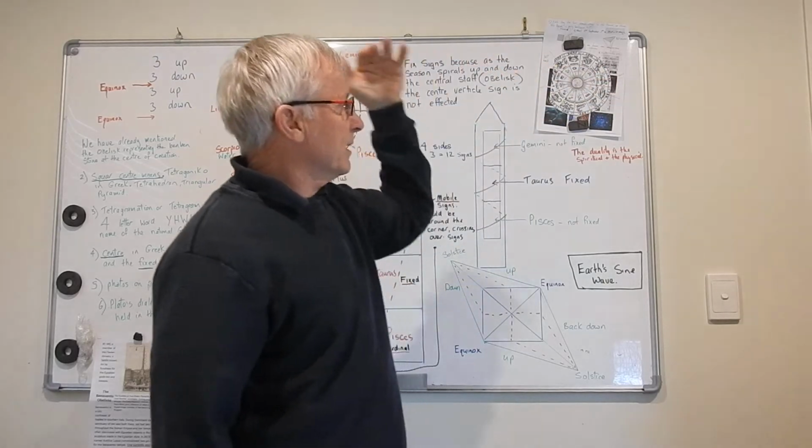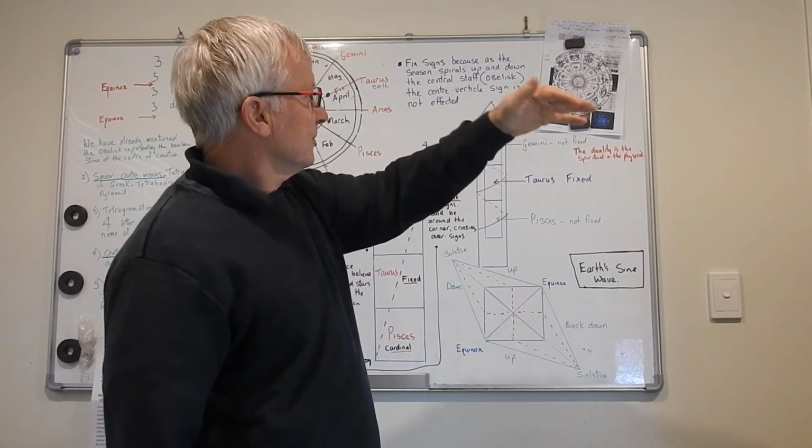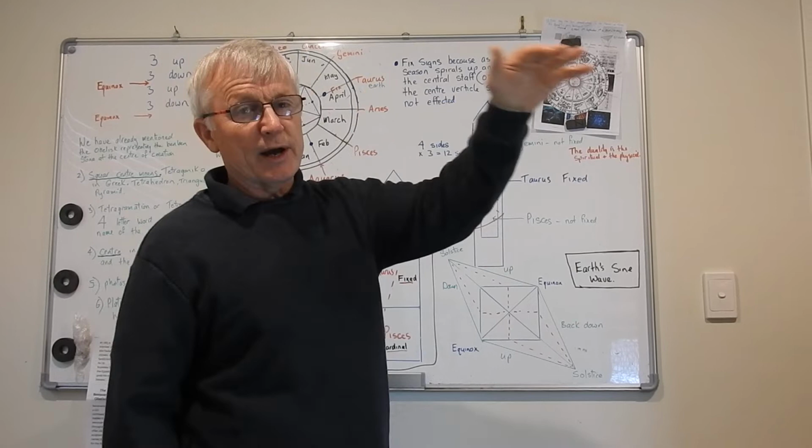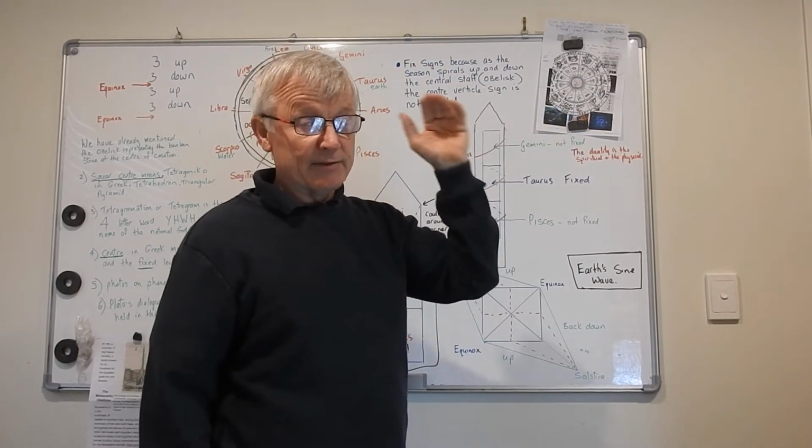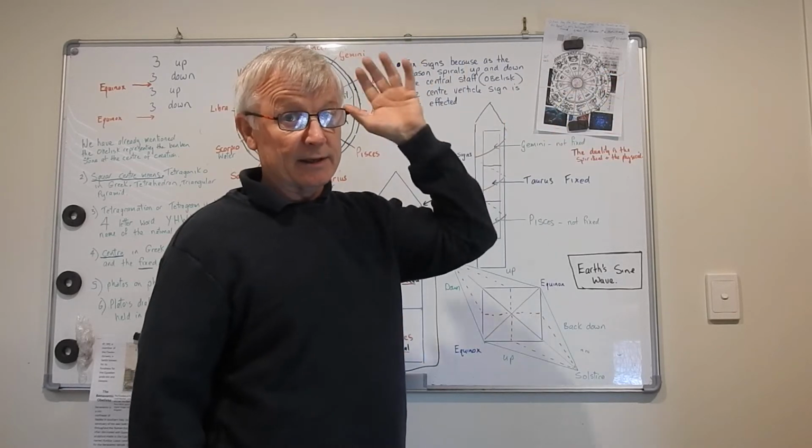If we imagine the ecliptic, the circle, because the sun is going around every day, isn't it, on the flat earth model? In reality, they all go around together every day.